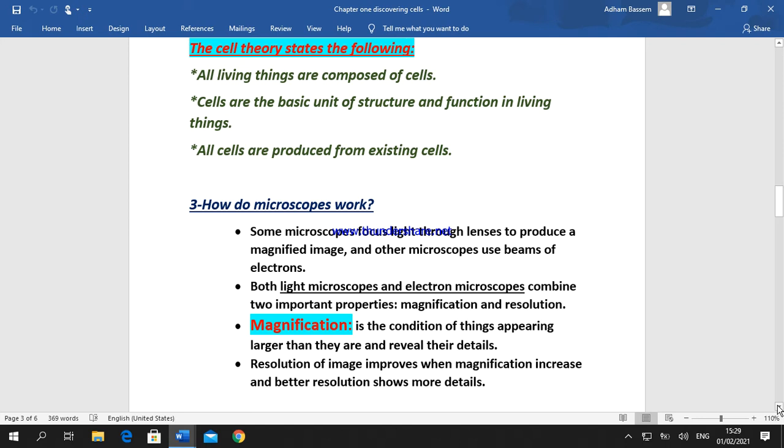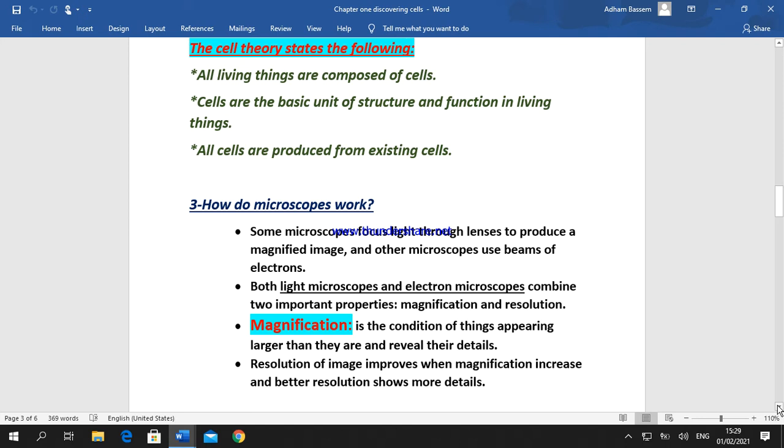But we have other types of microscopes that don't depend on light, but use beams of electrons, by using some types of metals that emit electrons. Both light microscopes and electron microscopes combine two important properties, magnification and resolution. What is the difference between them?